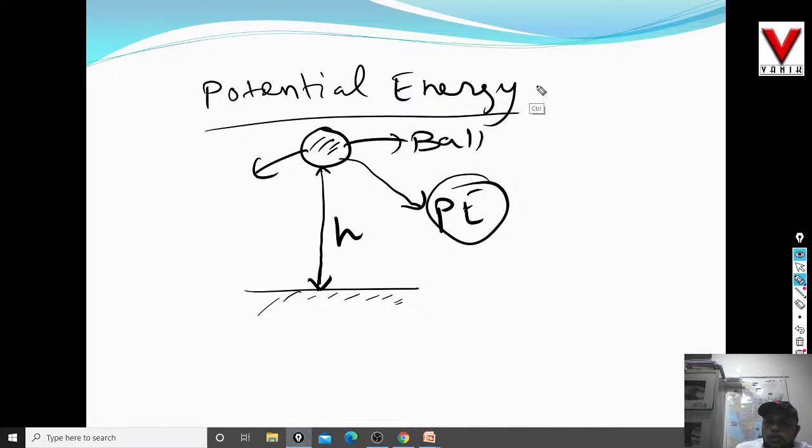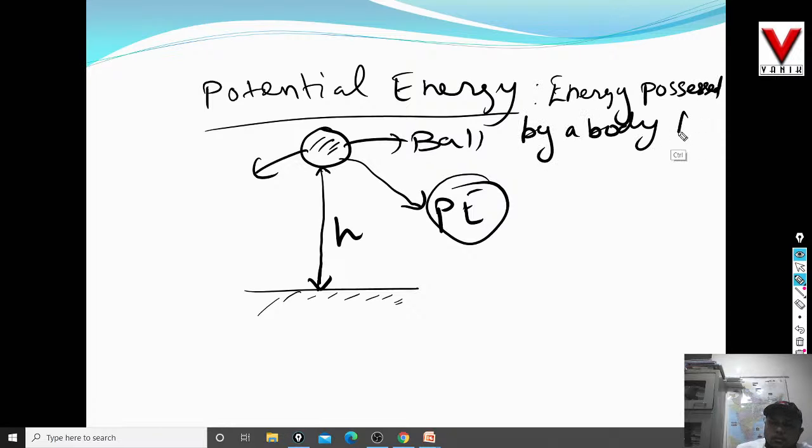So potential energy can be defined as energy possessed by a body by virtue of its position.